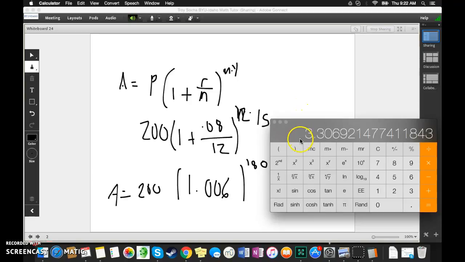So that's about 3.3. Now we're going to multiply that by 200. 661.38.